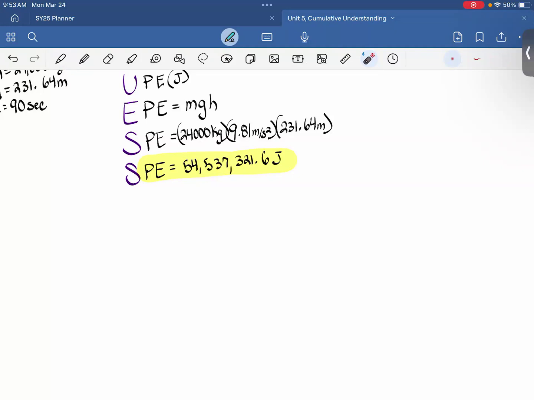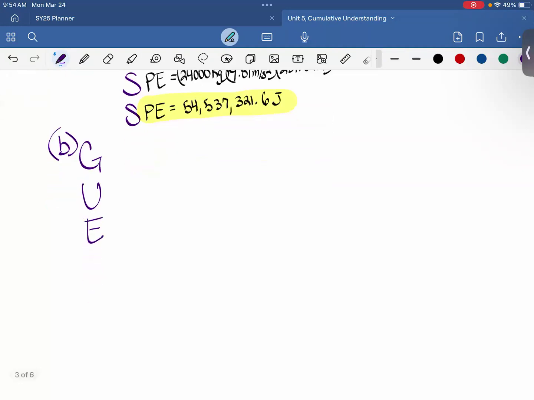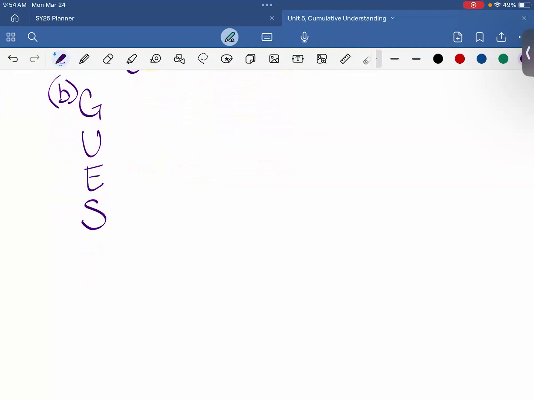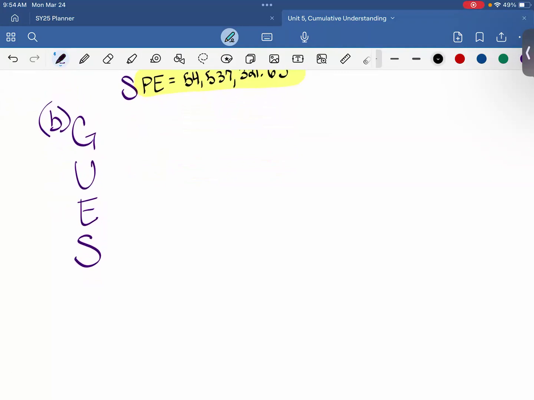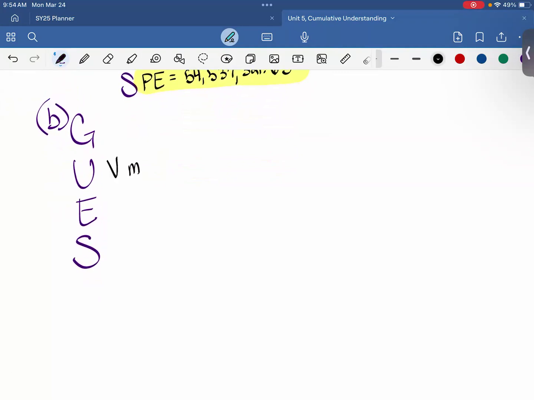This means that there's that much potential energy stored up at the top of this ride so that when it drops, all of that potential energy is converted to kinetic. So for part B, we're going to use this potential energy and convert it totally to kinetic energy to help us find velocity. We're going to use the kinetic energy equation where mass is being divided in half and velocity is being squared.